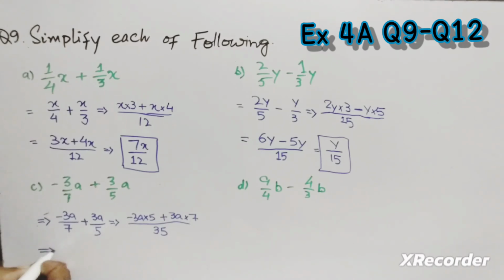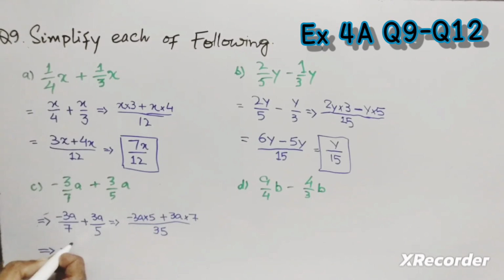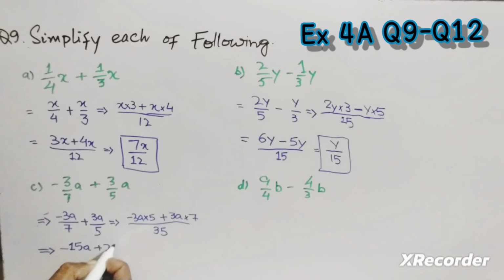What we get is minus 3 multiply with 5, so it becomes minus 15a, plus 7 times 3 is 21a upon 35. 21a minus 15a, we get 6a upon 35. This is our required answer.